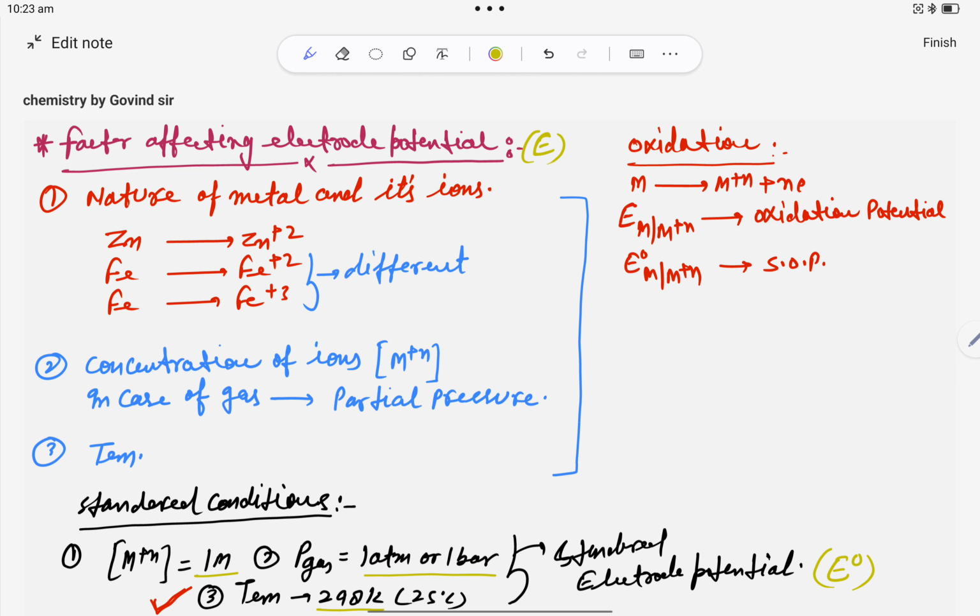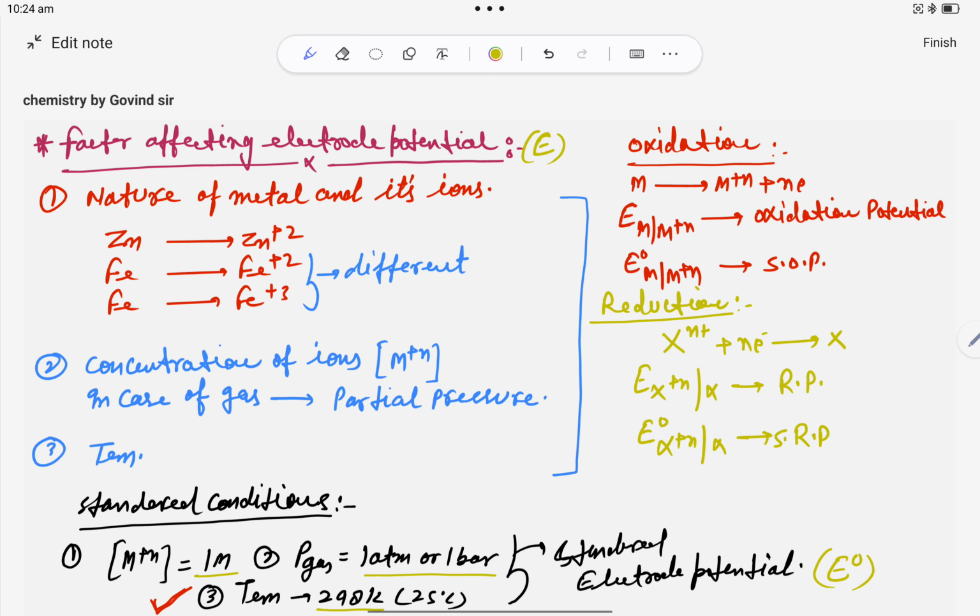In the case of reduction, children, the reduction metal tendency, any metal M accepting an electron, so here M plus n plus n electrons to M. It is your reduction potential, and E naught is your standard reduction potential, SRP.